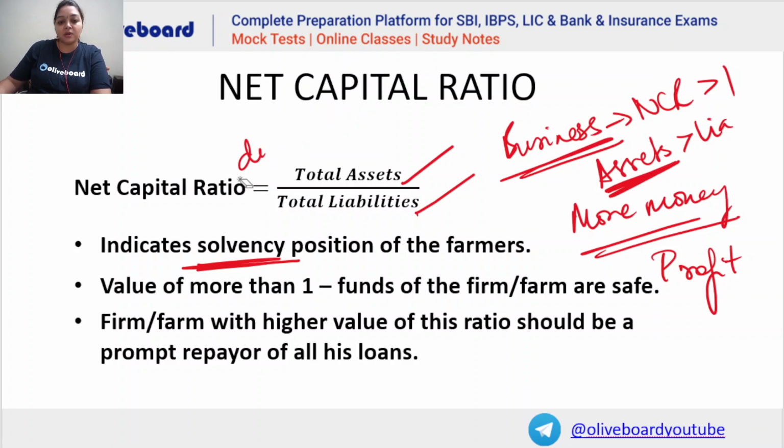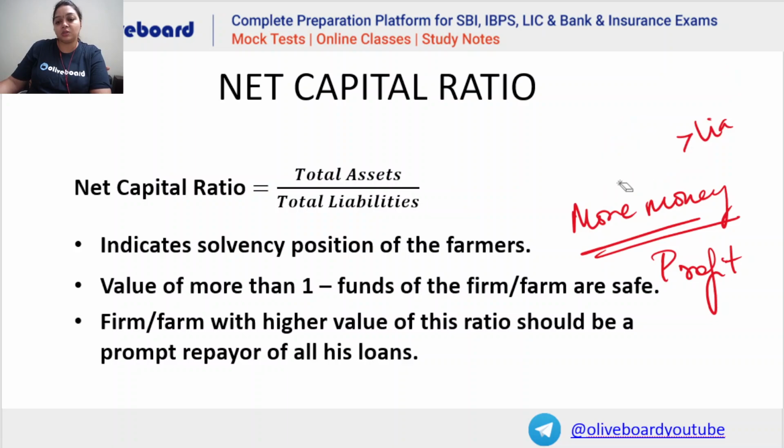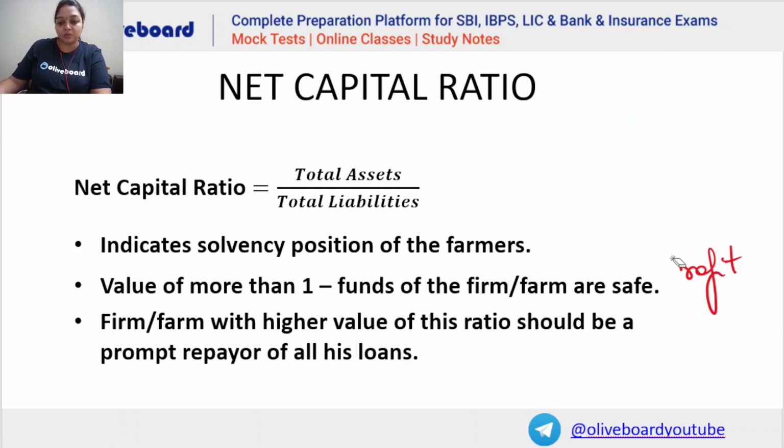I am putting farmers here because we are studying ABM. We are always going to talk with respect to farmers and their businesses, okay? So a value of more than one means funds of the firm or farm are safe. A firm or farm with a higher value of this ratio should be a prompt repayer of all his loans. See, this is very important.